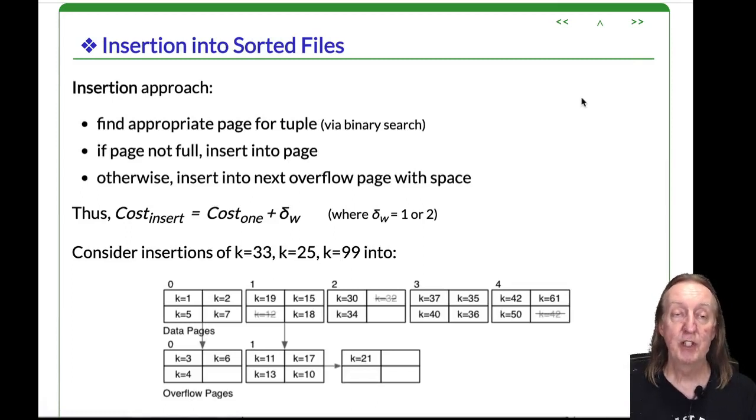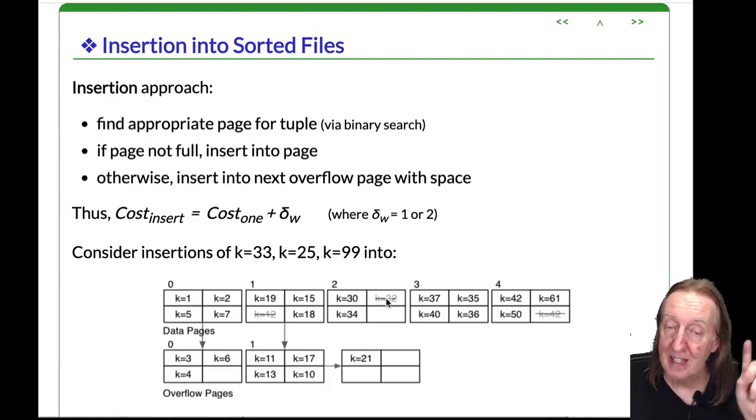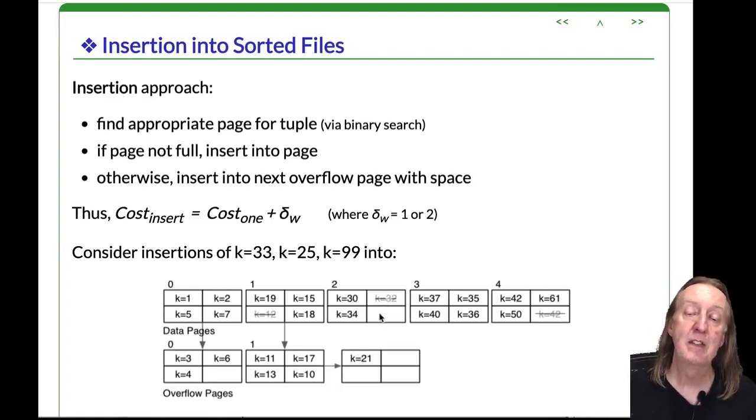If we're doing insertion, I alluded to the fact that we'd possibly need to create overflow pages once we try to insert into a full page. So we can have a look at this example down here. If we try to insert k equals 33, well, there's space in this page where a previous tuple has been deleted. If we're talking MVCC, then there's also an empty slot here that we could put k equals 33 into.